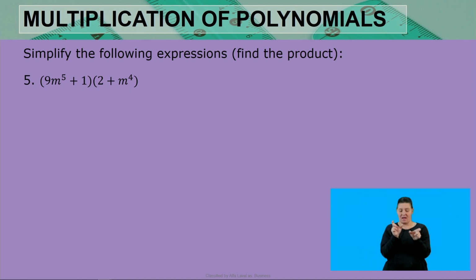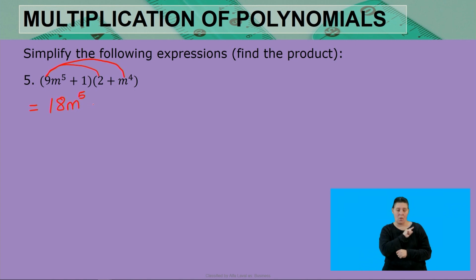So we have here two binomials, and we are going to multiply using that method of making sure that each term multiplies with each term in the other binomial. So we say 9 multiplied by 2, that is 18. And because there's no variable with the 2 there, we just write the variable as it is with the 9. Then we say 9m exponent 5 multiplied by m exponent 4.